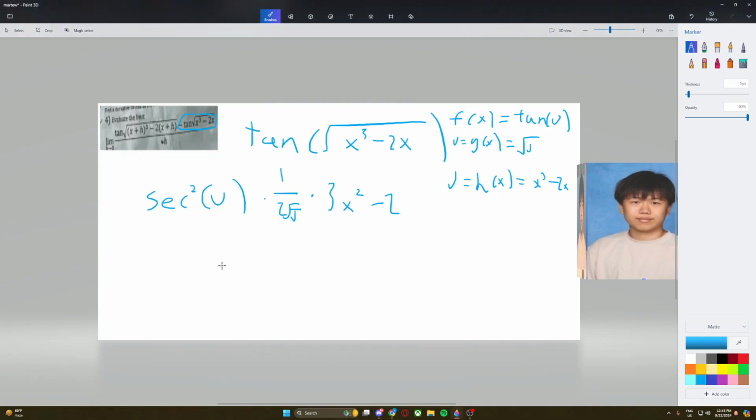Okay, yeah, so you're almost done with this problem. Just plug in the values of u, plug in the values of j, and you're done.